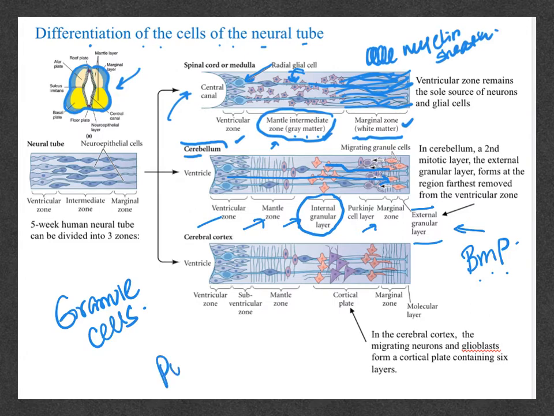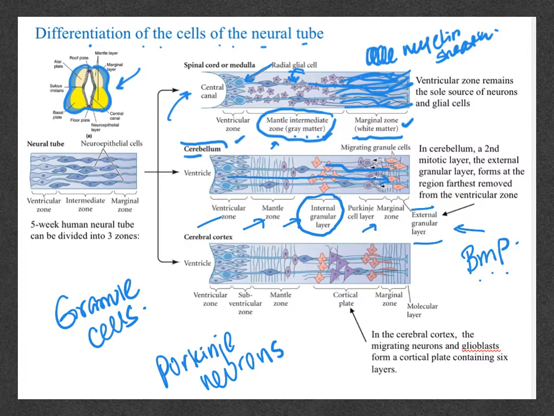So back to the Purkinje neurons. These are very important because they offer a control where they provide functions such as balance. They relay information from the cerebellar region to other brain regions.